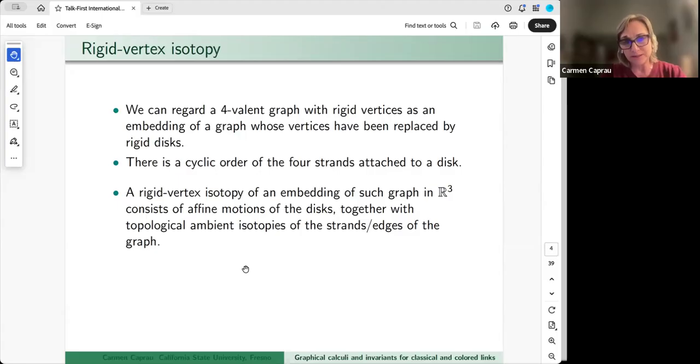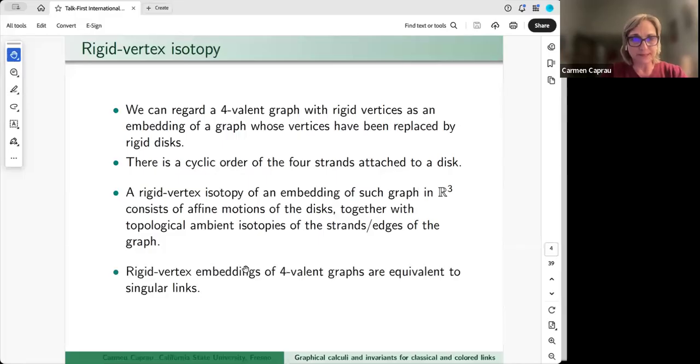In short, the rigid vertex isotopy of embeddings of such graphs in R3 are combinations of affine motions of the disks together with the topological ambient isotopies of the strands or edges of the graphs. And for those of you familiar with singular links, singular links are in some sense equivalent to rigid vertex embeddings of four-valent graphs.